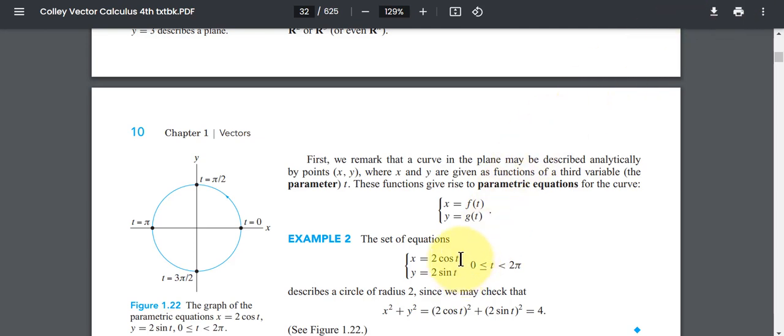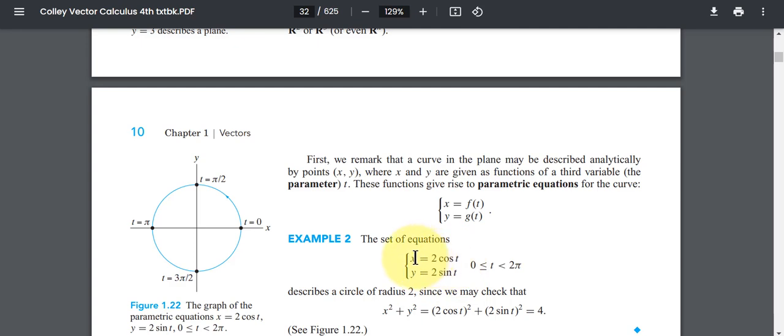So let's put in t equals 0, and what do we get out? So when t equals 0, we're going to get an x and we're going to get a y. Okay, good. So what are we going to get? So the cosine of 0 is 1, and the sine of 0 is 0. So if we put in t equals 0, we get 1 here, so we get 2 times 1. And here we get 0, so we get 2 times 0.